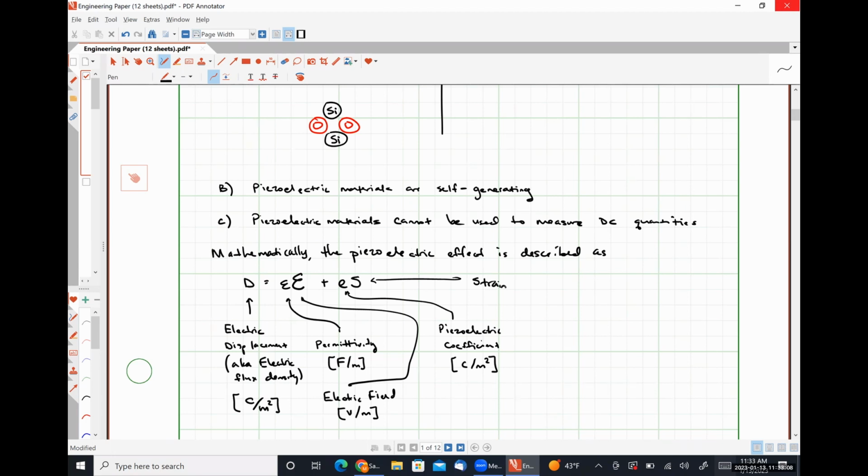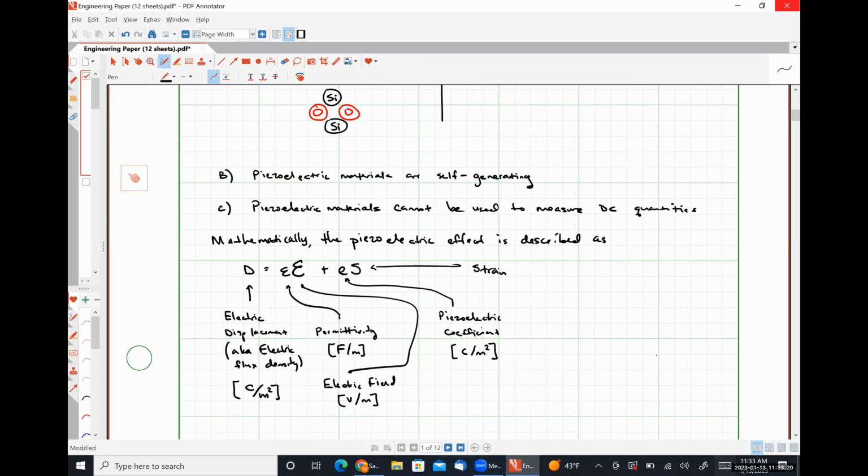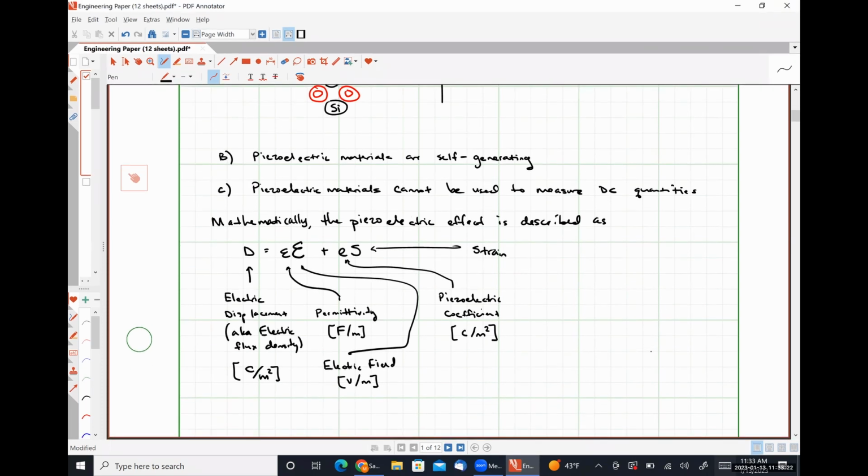And capital S here is our mechanical strain. So this is the mathematical description of the direct effect of piezoelectricity. And we know strain is unitless. And now you'll see why I erased that capital E and replaced it with a script E.